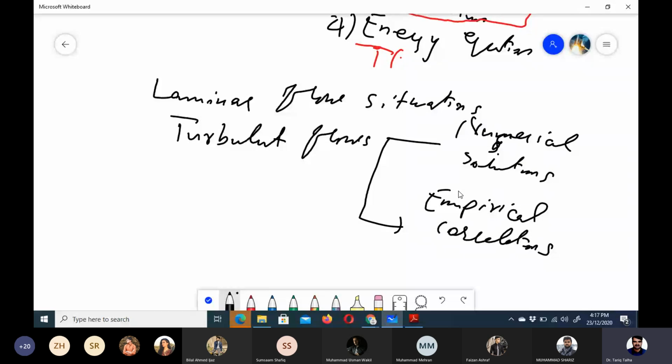First of all we define our main variables: one is the dependent variable which we want to find, and then a set of independent variables. This step is the functional form of the solution, and then we conduct experiments and do curve fitting techniques to get the empirical correlation between the dependent variable and independent variables.